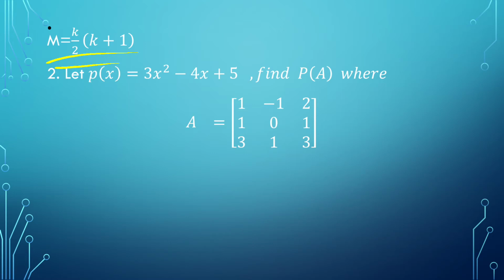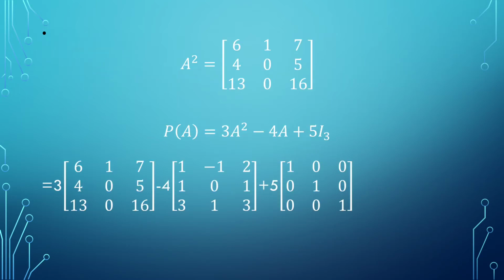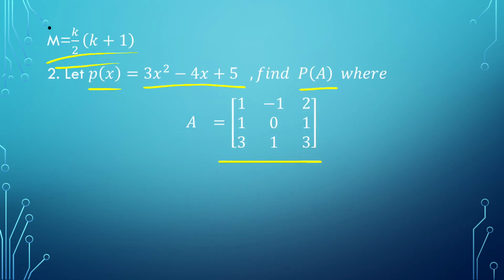Okay, let's look at another example. If you have this polynomial given like this, let's find the polynomial substituted with matrix A, where we have been given A to be this. The highest power of our polynomial is power 2, a square.